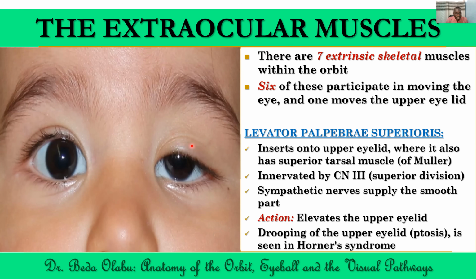As you can see, the upper eyelid is drooping. You can see the fold is not as marked as this one. And the margin of the upper eyelid is a bit down. So it's a partial ptosis. If you paralyze the levator palpebrae superioris completely, then you'll perhaps get a complete ptosis. It closes almost entirely.